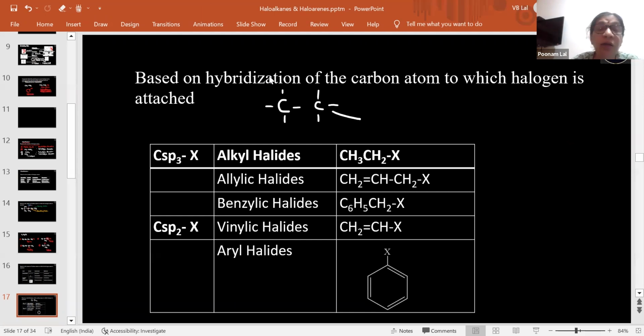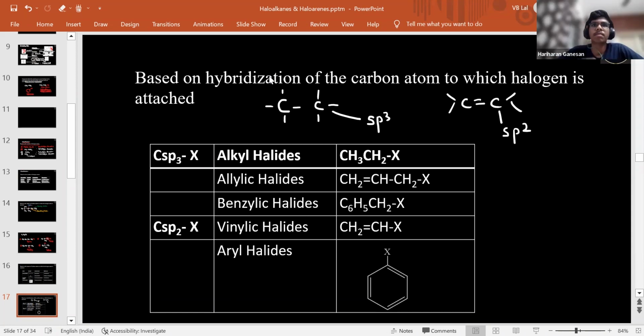Hariharan, what is the hybridization of a carbon atom which has all single bonds around it? sp3, ma'am. It is sp3.